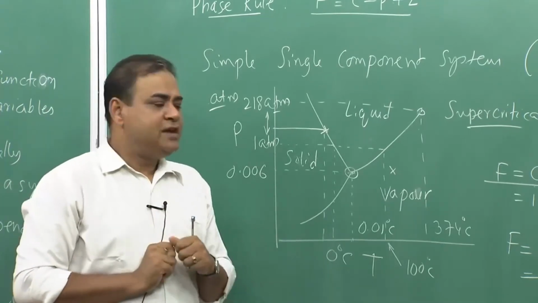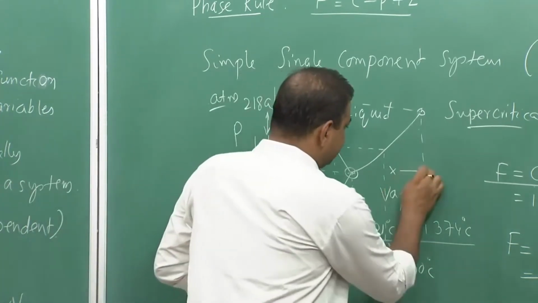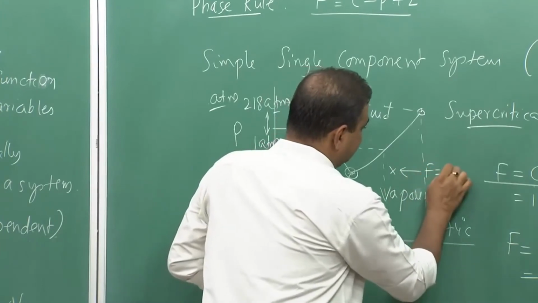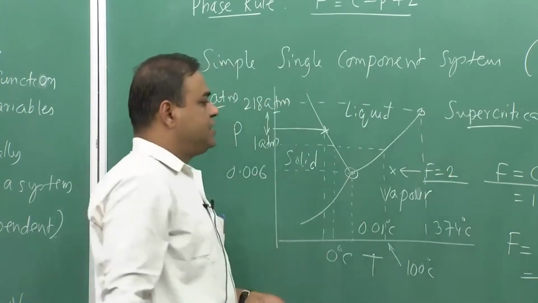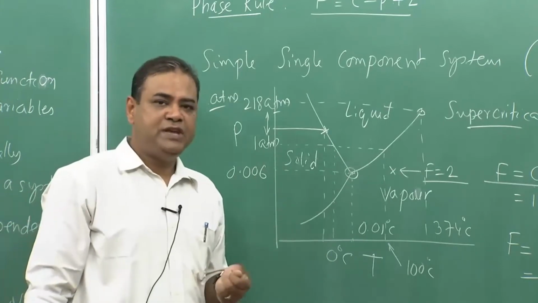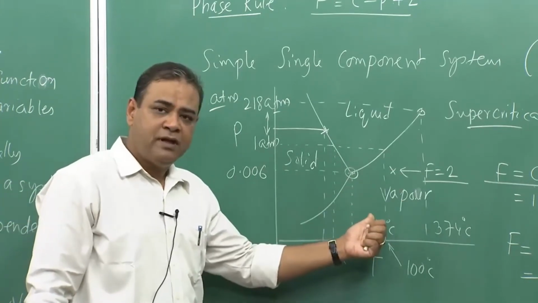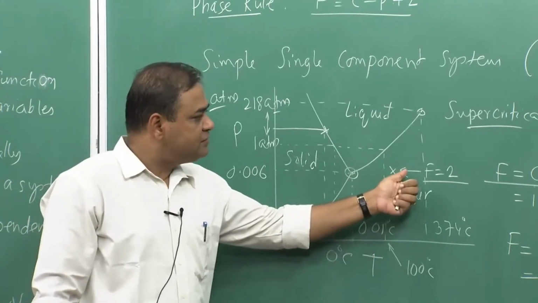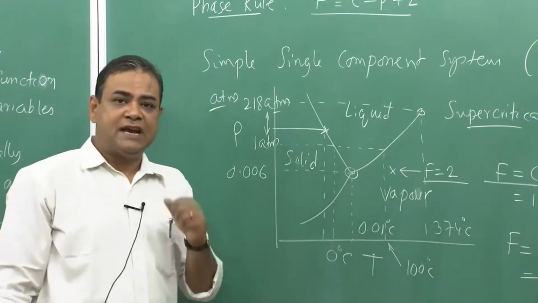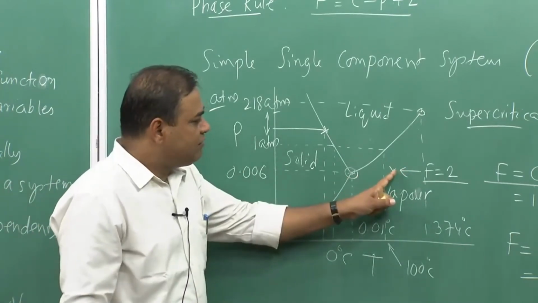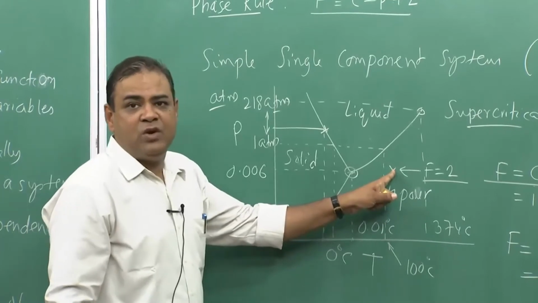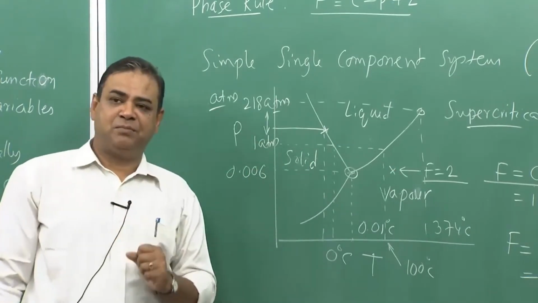So, the degrees of freedom F would be 2, because C is 1 and P is 1, which is the vapor. So, in order to define this particular point, we need to define pressure and temperature both.